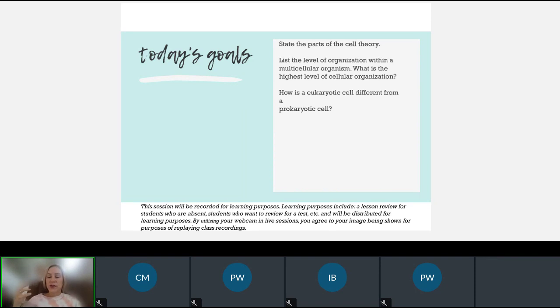Have you ever looked for something that you know you have, but you can't find? Like my car keys, right? You're like, I know I have them, but I'm getting ready to leave and I can't find them.